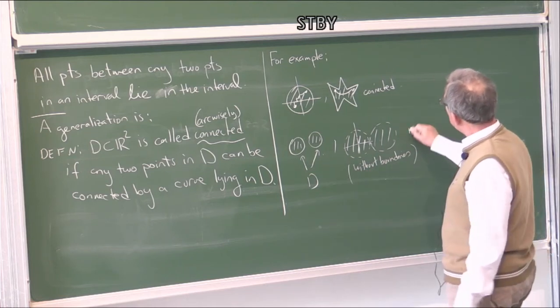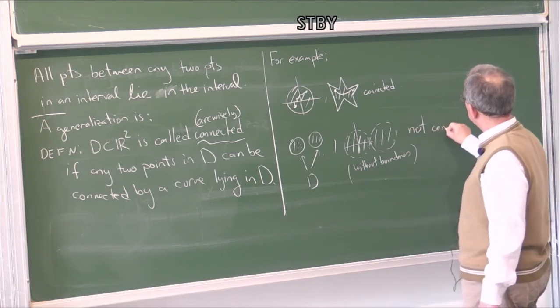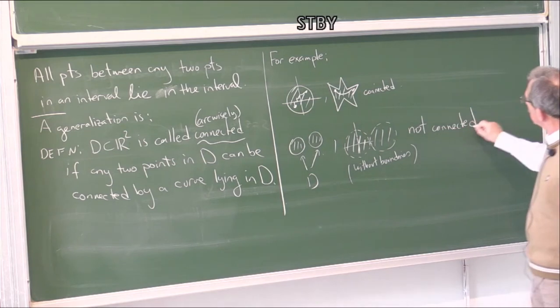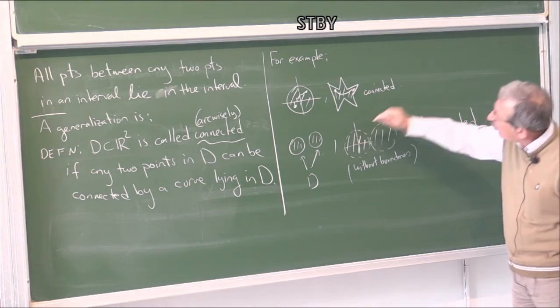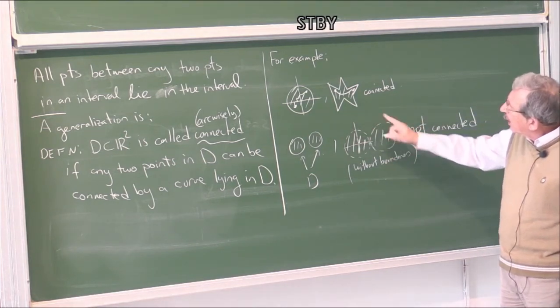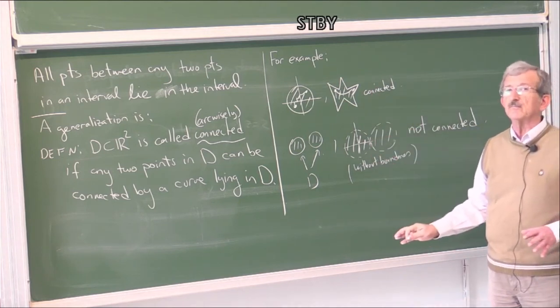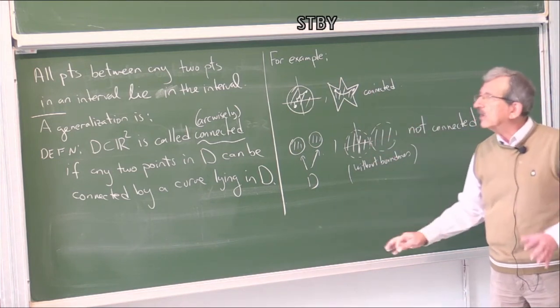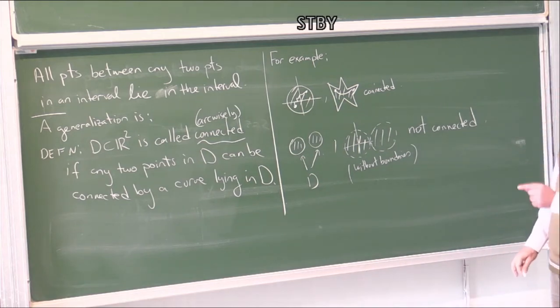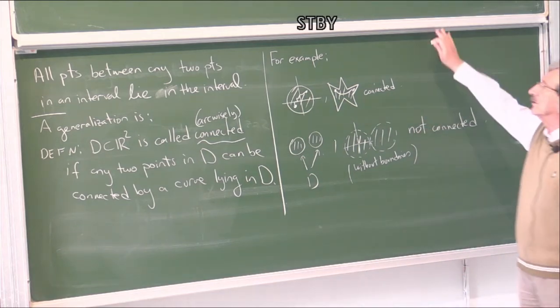These are not connected. Because you cannot connect a point here to here without jumping across this line, which is not inside. So these are not connected. So this connectedness issue is important.